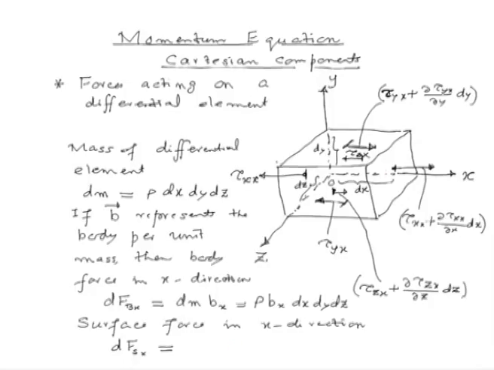On the positive x face we have tau x x plus del tau x x divided by del x dx, multiplied by that area dy dz. The force acting on the negative x face due to this normal component is in negative x direction, and is given by minus tau x x dy dz.